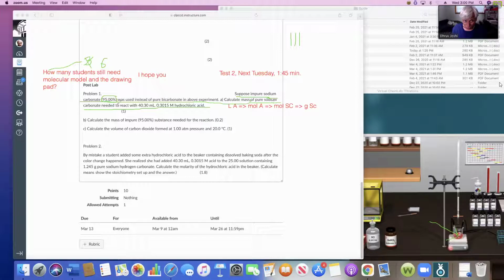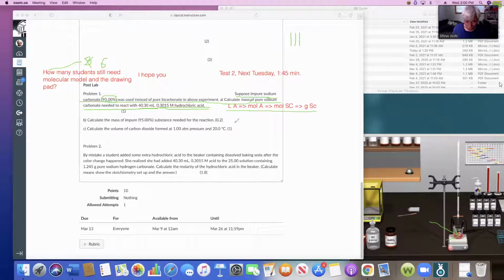Calculate the mass of pure sodium carbonate needed to react with 40.30 milliliters of this molar hydrochloric acid. And then we get this solution map: liters of acid to moles of acid to moles of sodium carbonate to grams of sodium carbonate.